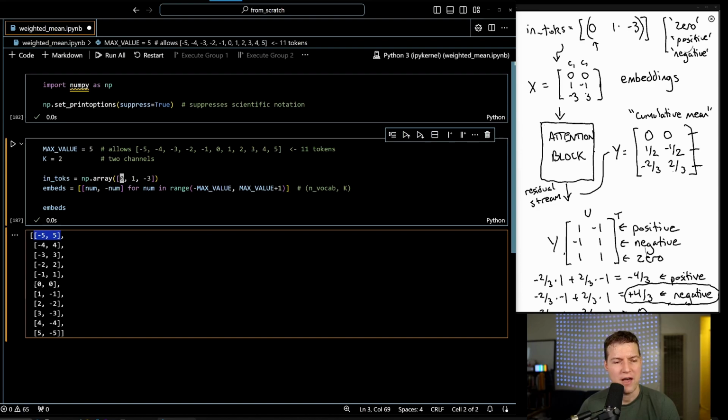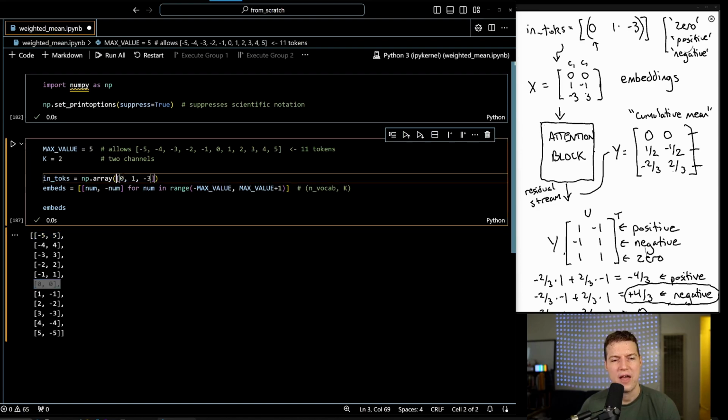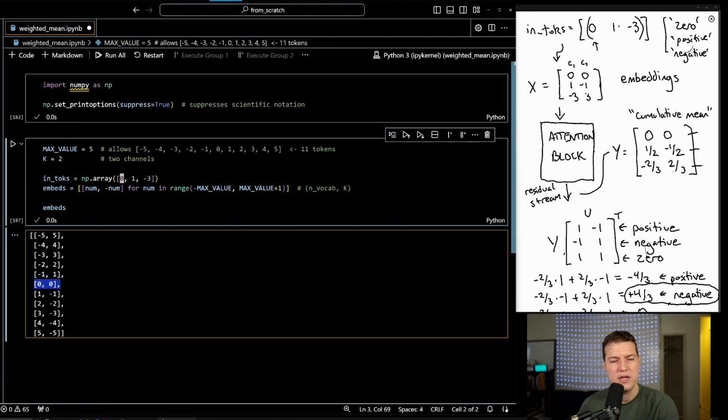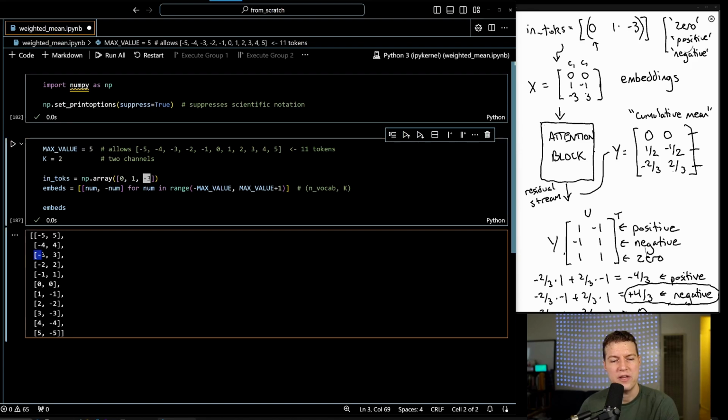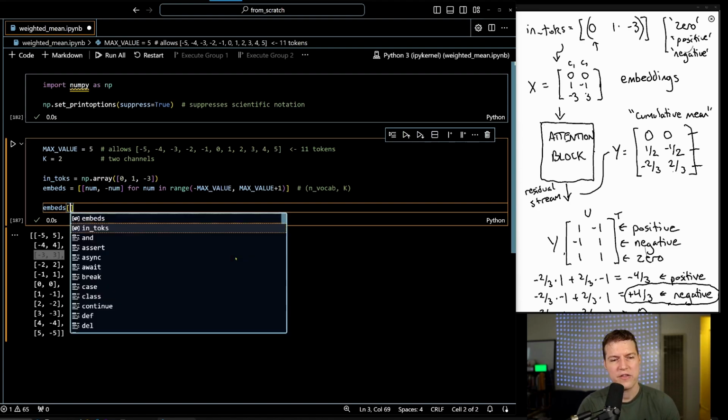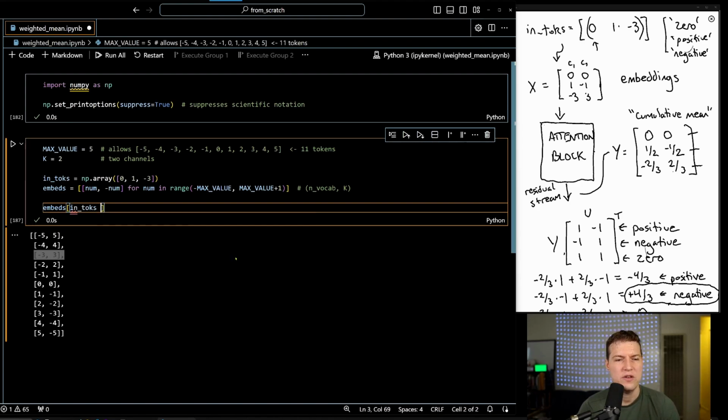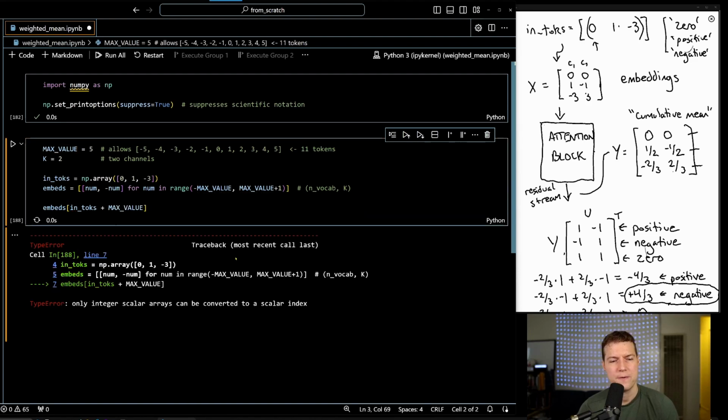I don't want -5, I want the 0 embed. So what I'll have to do is add 5 to each one of these, because the token 0 is stored at index 5. And if I want -3, I'm going to go to index 2, so that's -3 plus 5. So when I look things up, I'm going to have to look up in tokens plus the max value.